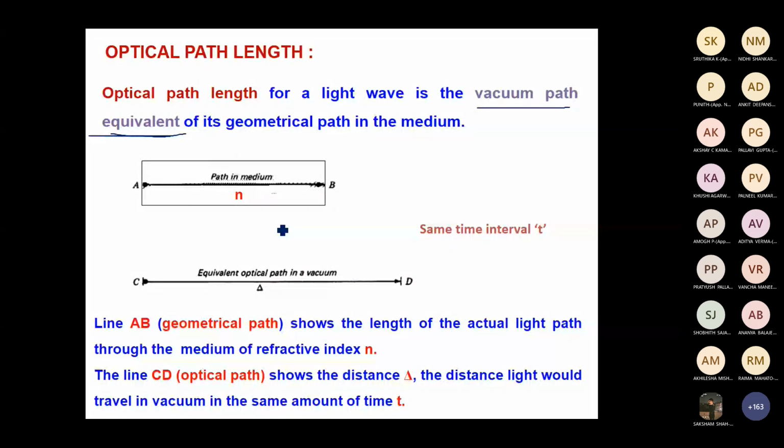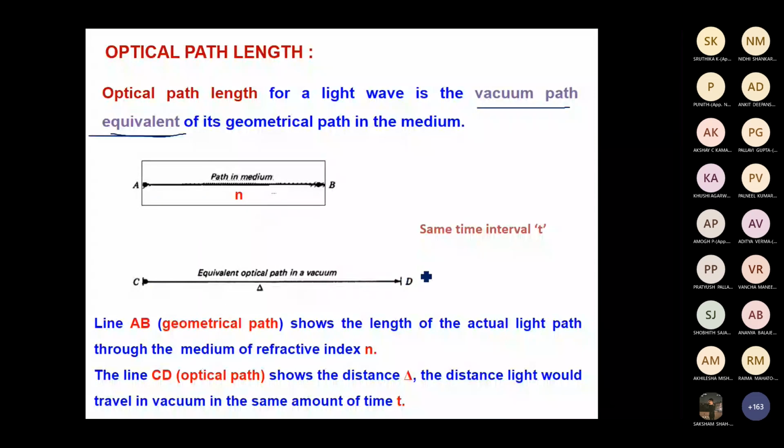Because of the medium of refractive index N, it could travel only a distance of AB in the same time. If the medium was not there, if it is vacuum, the equivalent path will be CD.